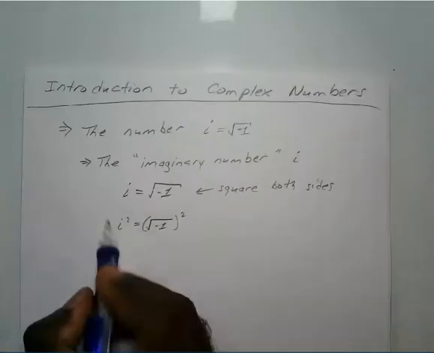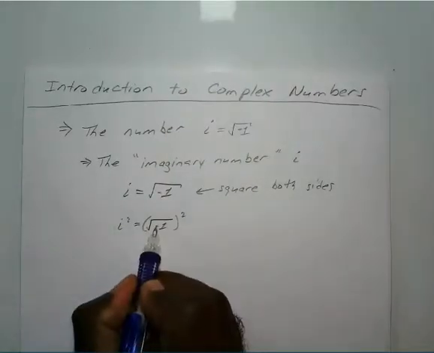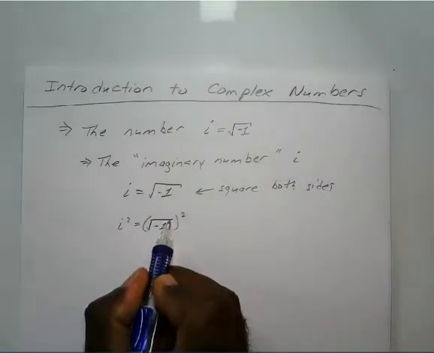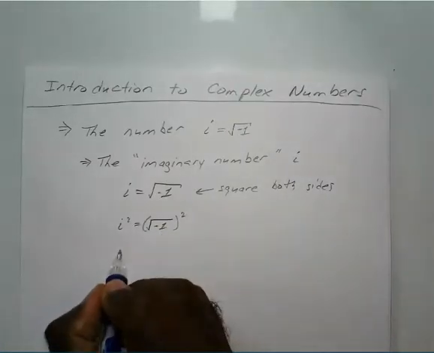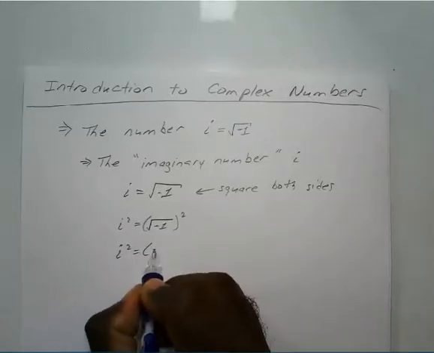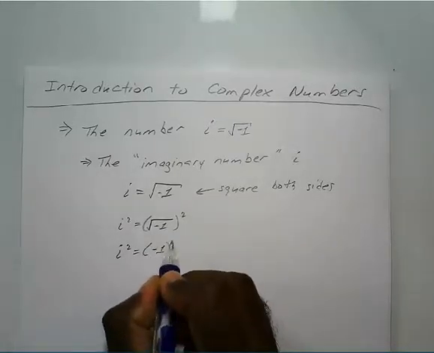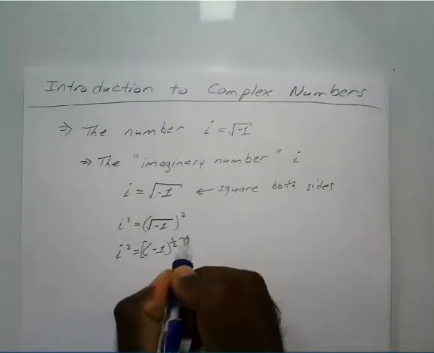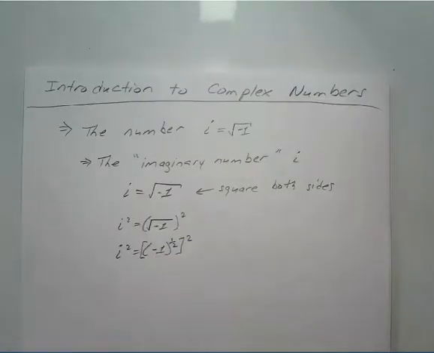Now, if you remember, the square root of -1 you can write as -1 to the 1/2 power, and that's still squared.